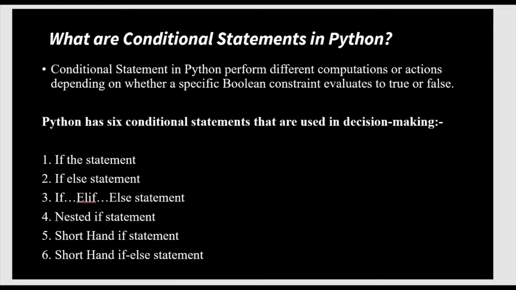Python has six conditional statements used in decision making: the if statement, if else statement, else if statement, nested if statement, shorthand if statement, and shorthand if else statement. Let's discuss these six briefly so you can clearly understand them.